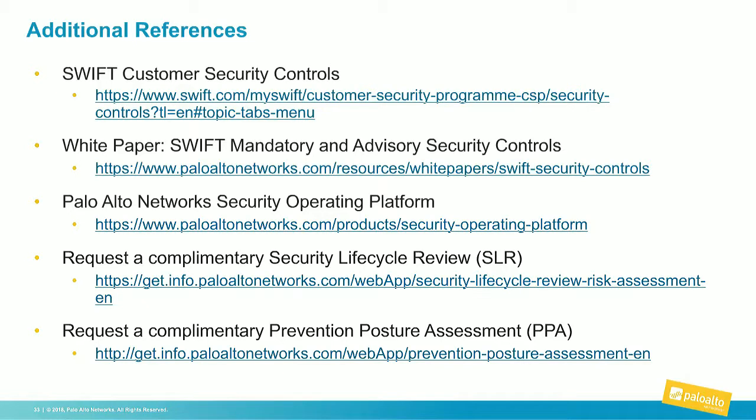In addition to IDS and IPS, it also offers malware protection by looking at the payload, not the hash, of the traffic passing through. It also looks for command and control signatures, and it also takes care of DNS sinkholing as well. Those are some of the additional functions the threat prevention subscription would add.